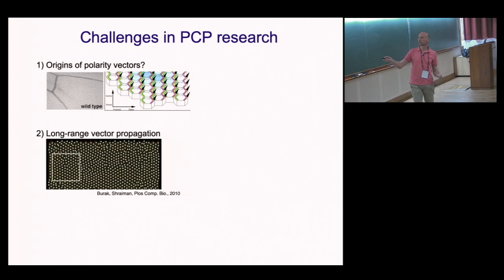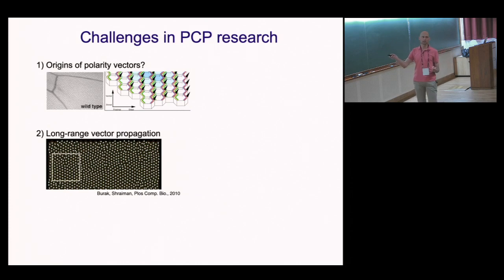For example, this is one of the important PCP modeling papers by Boris Shraiman, where they demonstrate exactly this effect, that these systems have an intrinsic tendency to get trapped in local minima, and this means that the long-range directionality or these long-range vectors actually start to break down. So clearly this is something that needs to be avoided somehow.